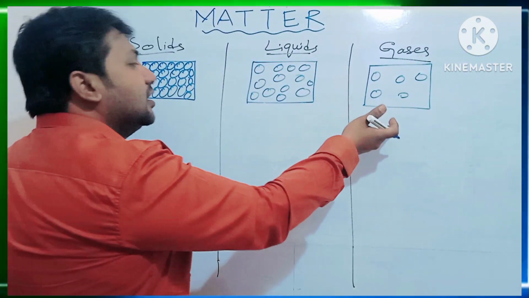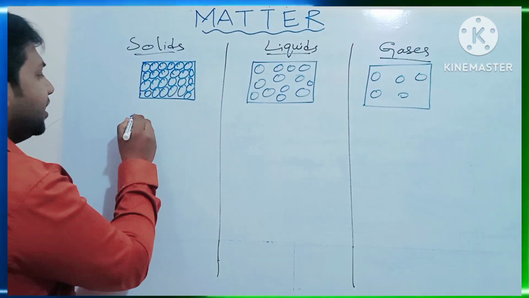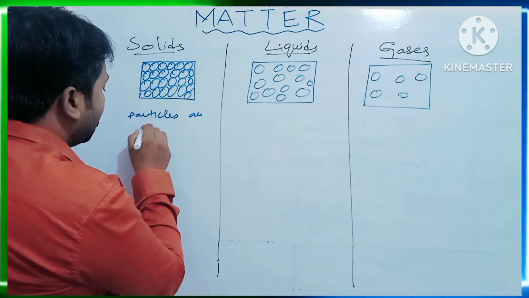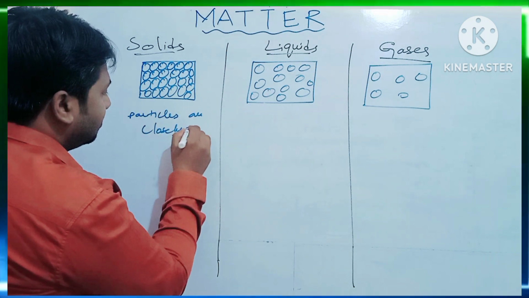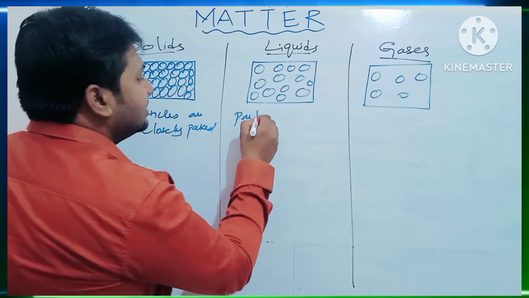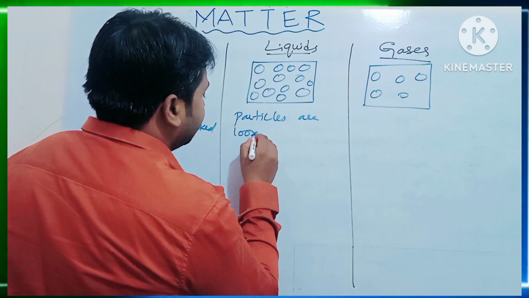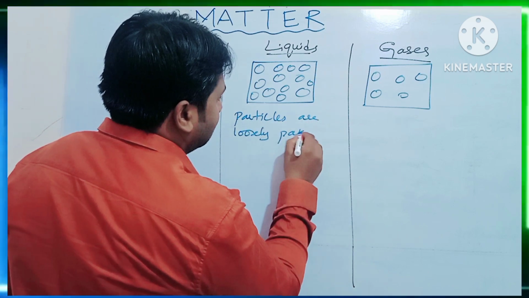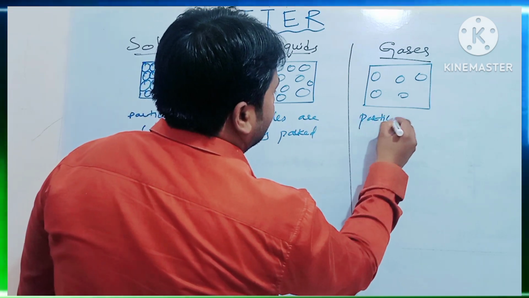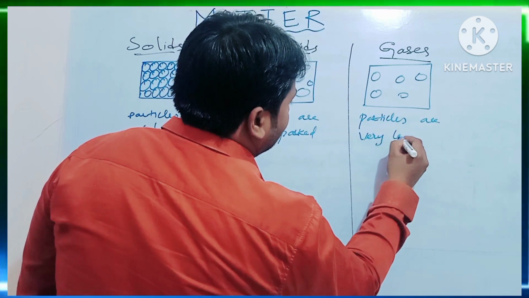So I can write here: particles are closely packed, here particles are loosely packed, and here particles are very loosely packed.